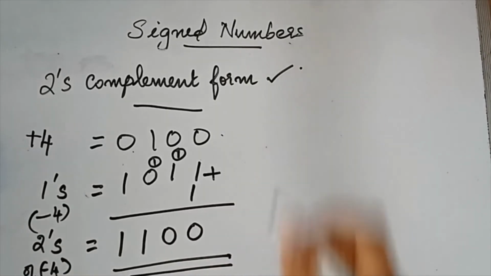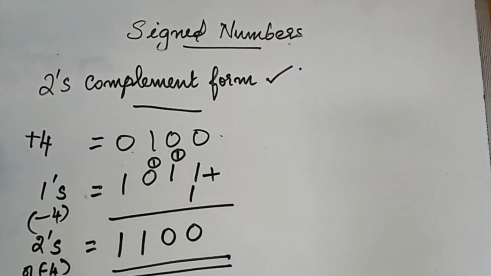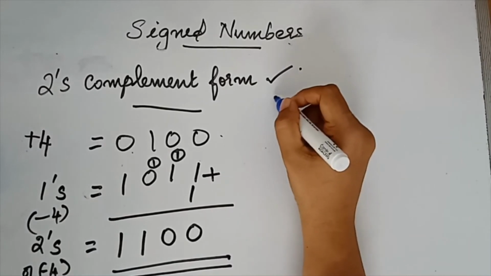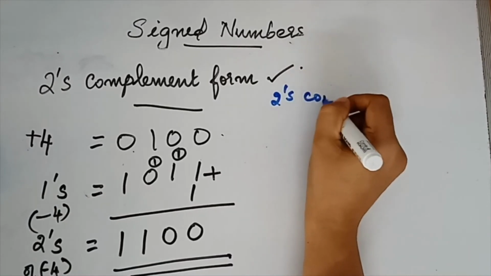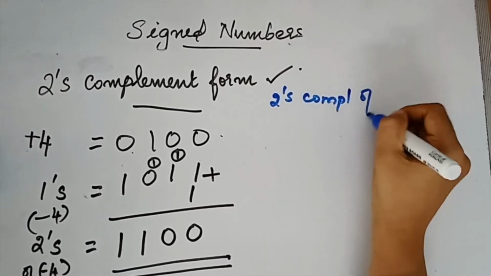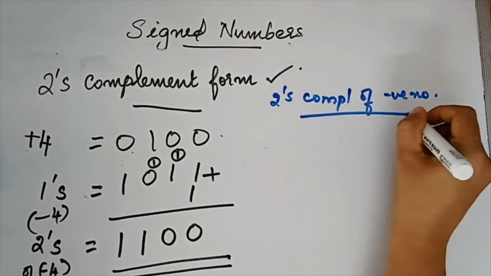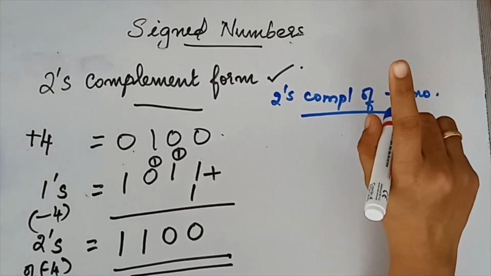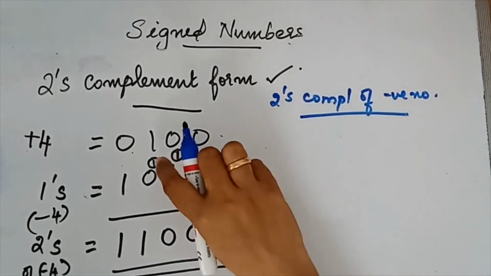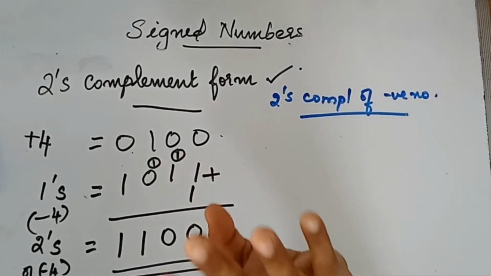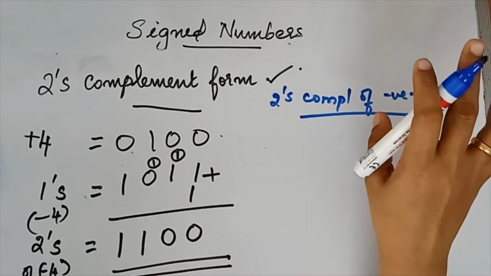So the procedure is to find the 2's complement of any negative number. Only in the case of negative number, not in the case of positive number. Positive number, it is same as the sign magnitude form with sign as 0.